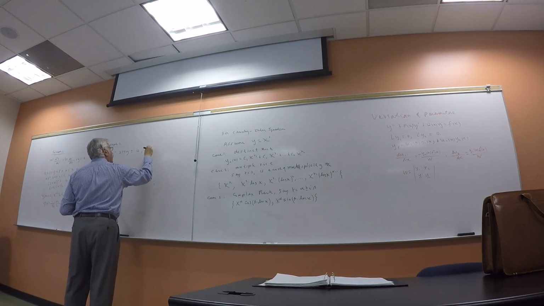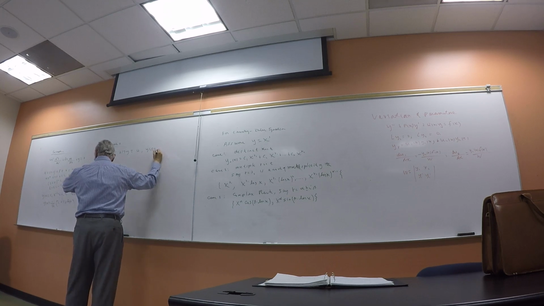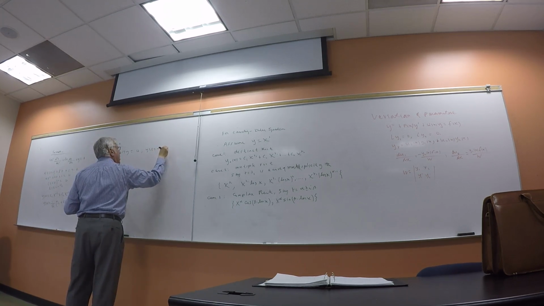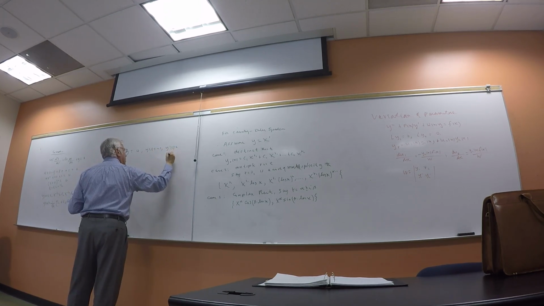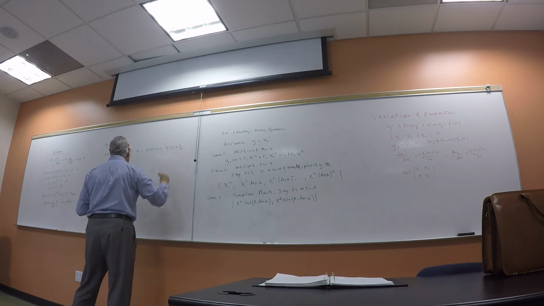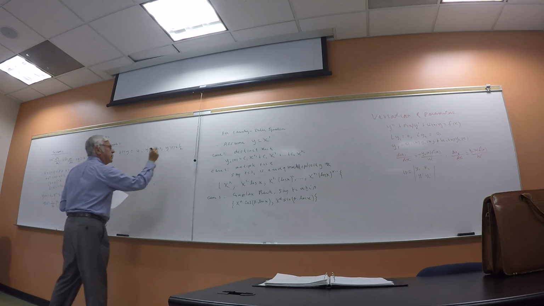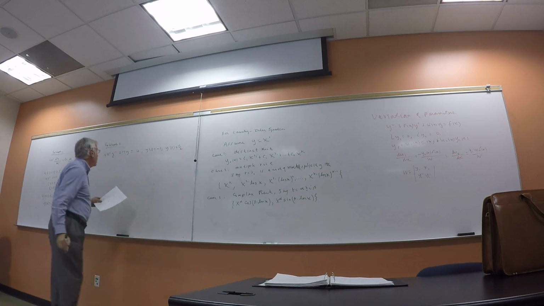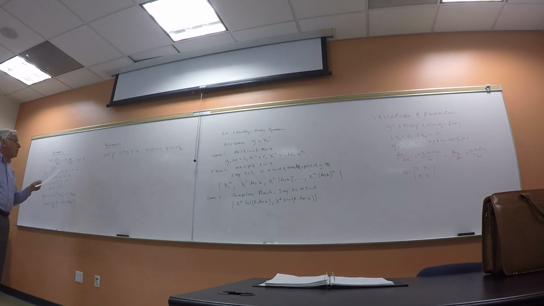We want y of 1 equals negative 1, and y prime of 1 is equal to negative a half.